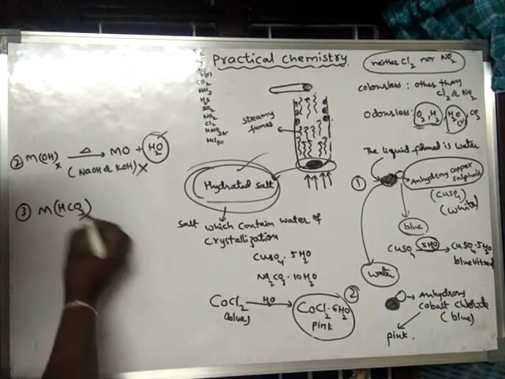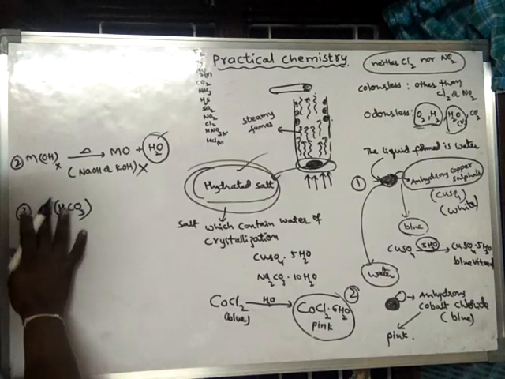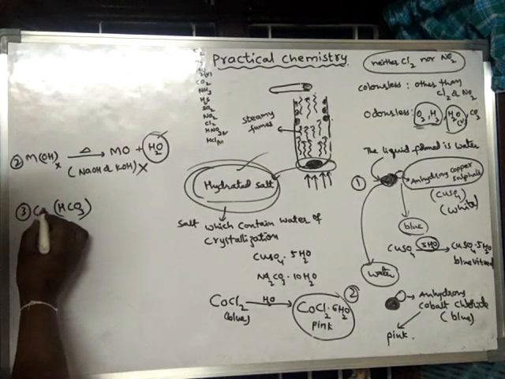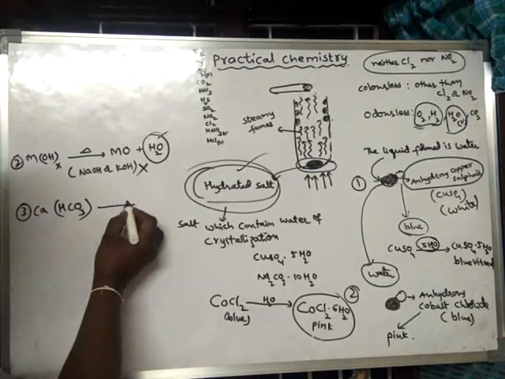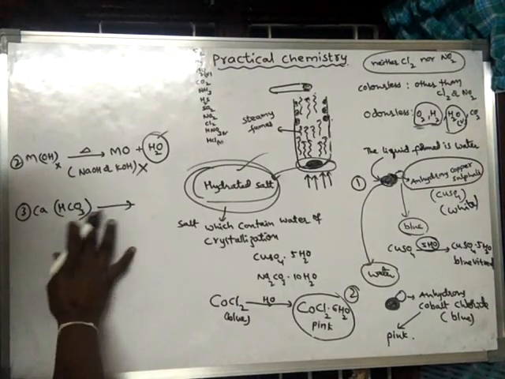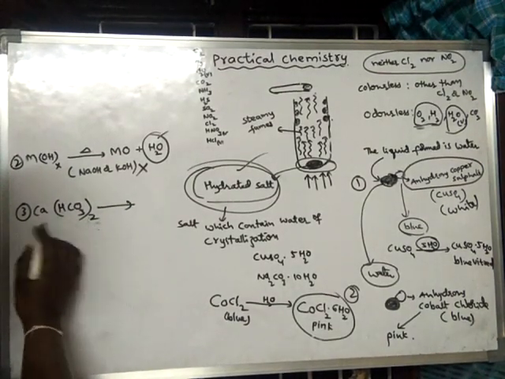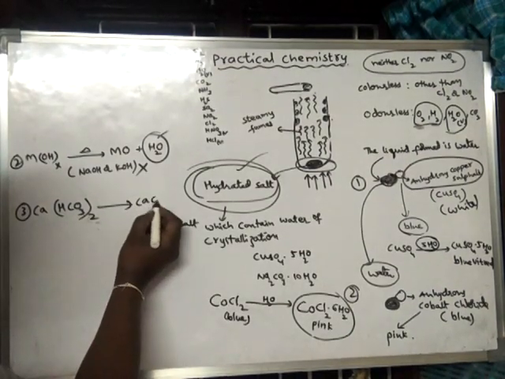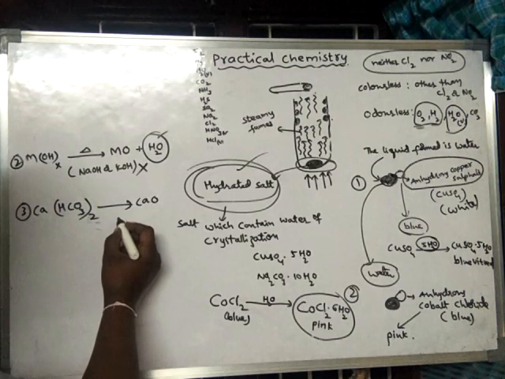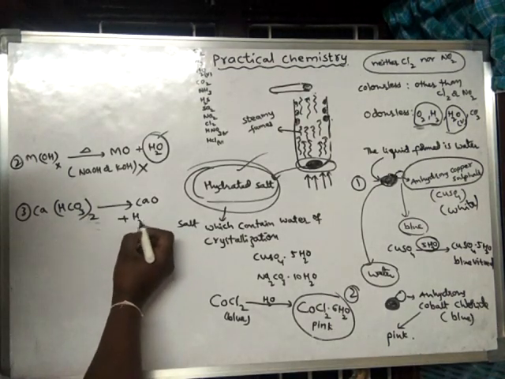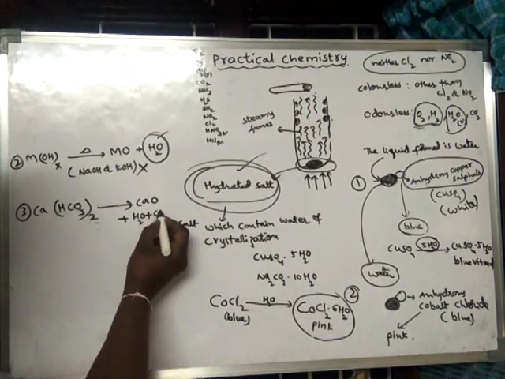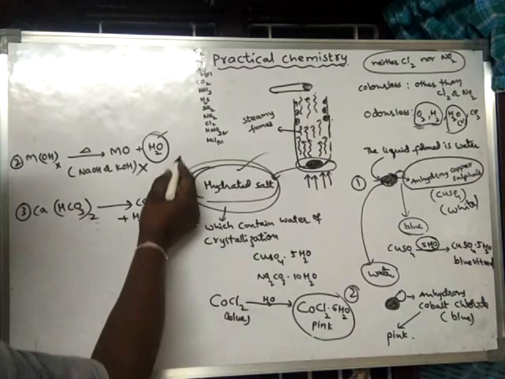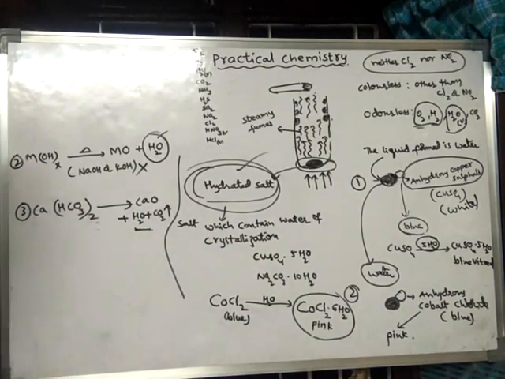For example, take calcium bicarbonate. This is the formula of calcium bicarbonate. When calcium bicarbonate is heated, what does it form? It forms calcium oxide, next water, and also carbon dioxide gas is liberated.